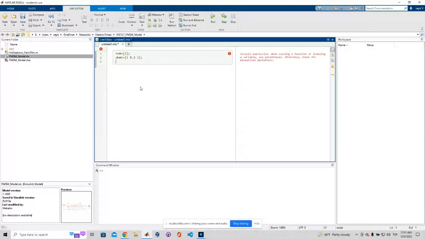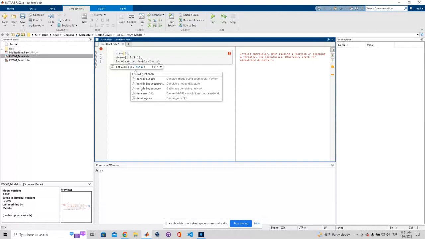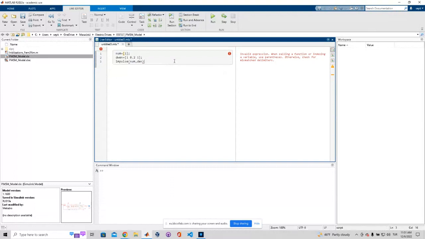Just define it, and then for the impulse response, you simply write impulse. This function will take the impulse response of your system, and in the parentheses you need to define your system again. You just write numerator, comma, denominator, and we'll get the impulse response of the system.